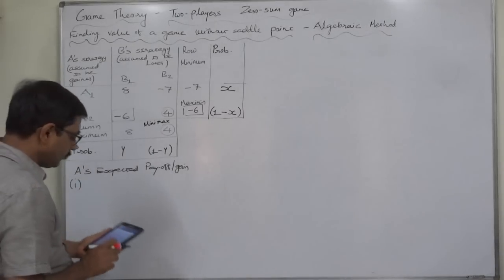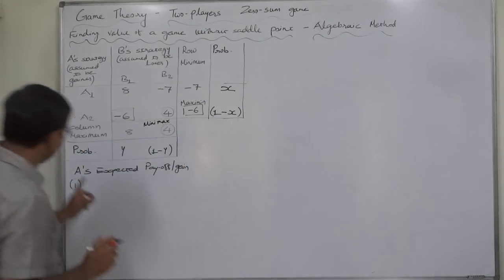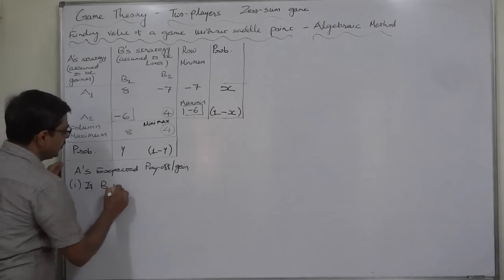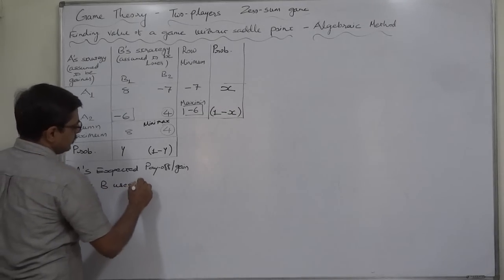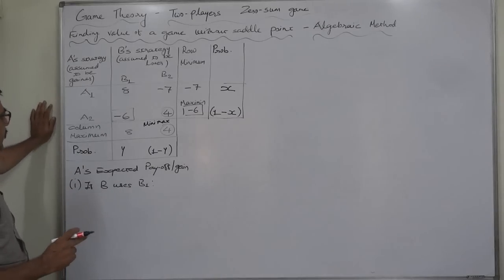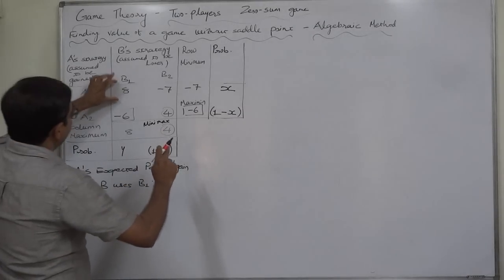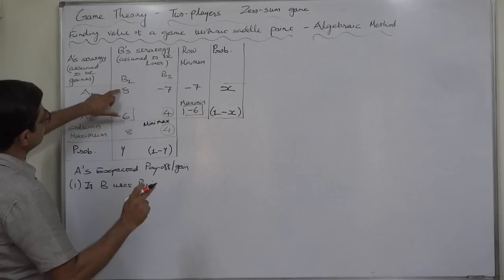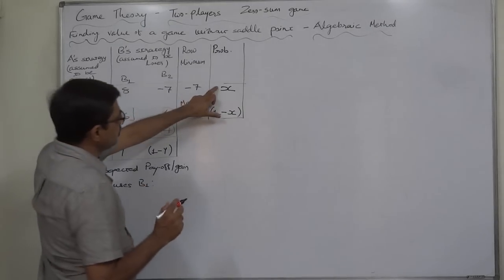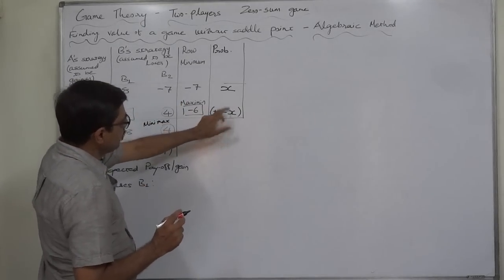Okay. Now, A's expected gain if B uses strategy B1. If B uses strategy B1, A's payoffs are 8 and minus 6, and the respective probabilities are x and 1 minus x.